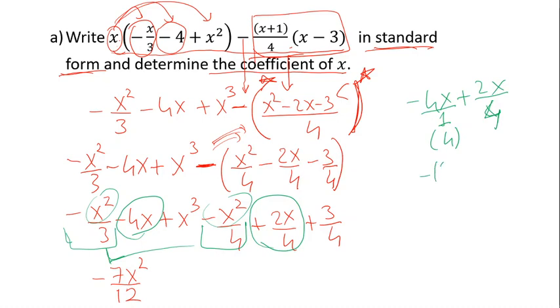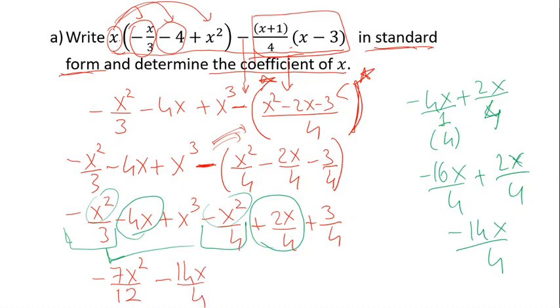This will be negative 16x over 4 plus 2x over 4, and then negative 14x over 4. So you can write it here. And now it comes to plus x cubed, this one, and now this one. But be careful, this is not in standard form yet.